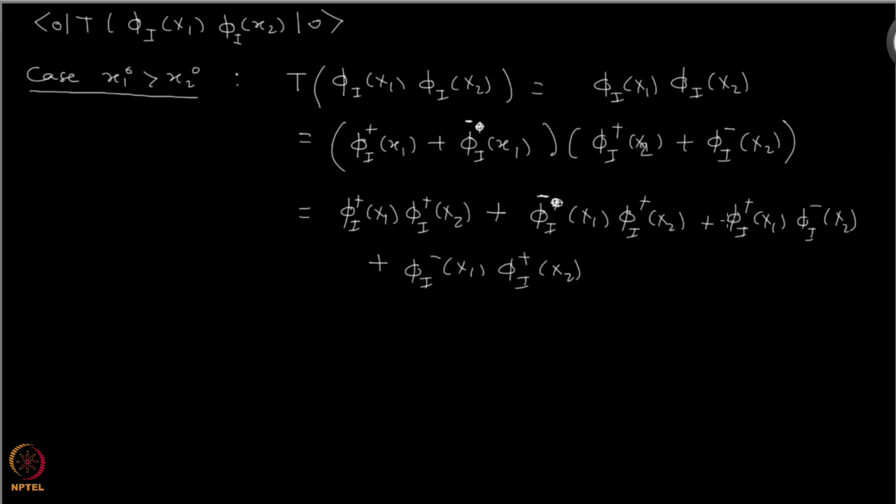So this is something which will give some non-zero value. So I will leave these three terms as they are, and interchange the order of phi minus and phi plus in this term. And for that I will just use the commutation relation and write this as phi minus x2 phi plus x1, and then you have a commutator.